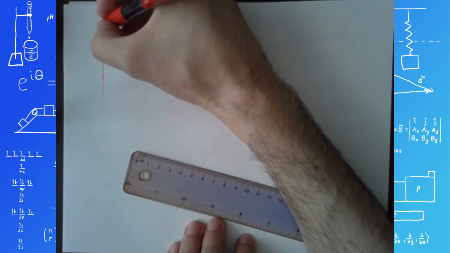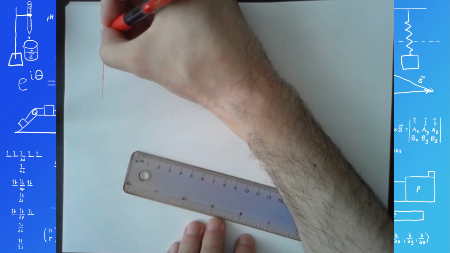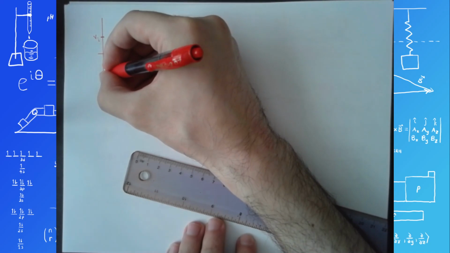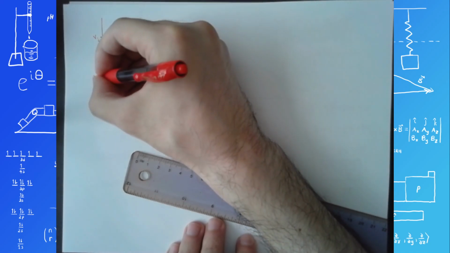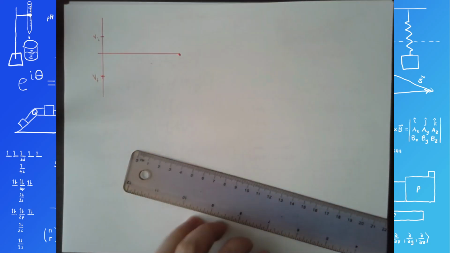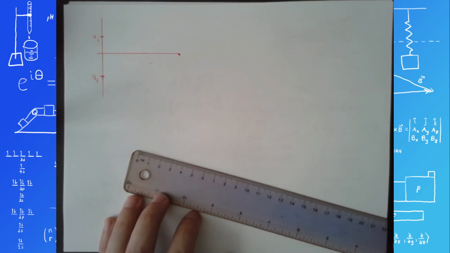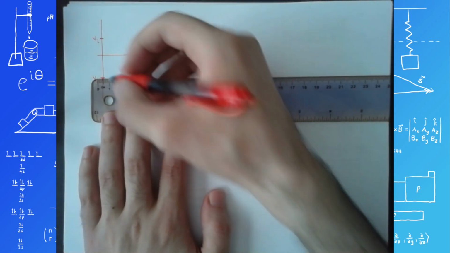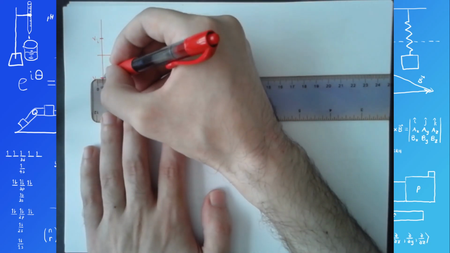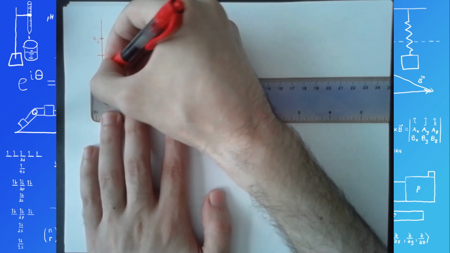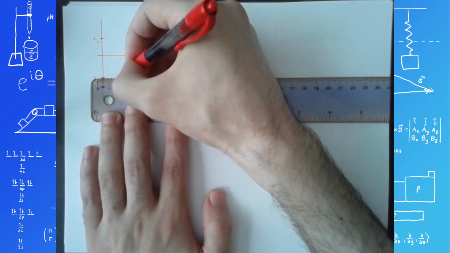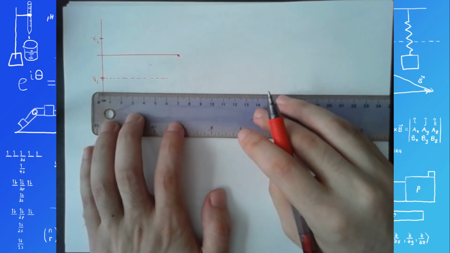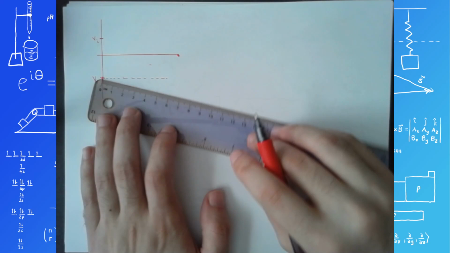Let's see, what if my v initial is over here and my v final is all the way down here? And let me go ahead and draw a line there, trying to line it up so that it doesn't slant. Okay, something like that.